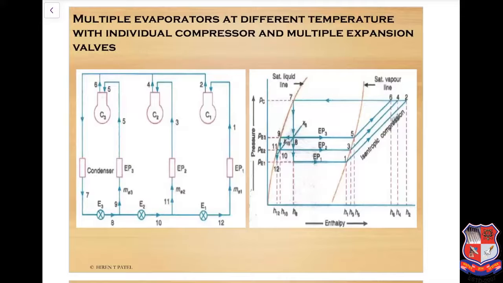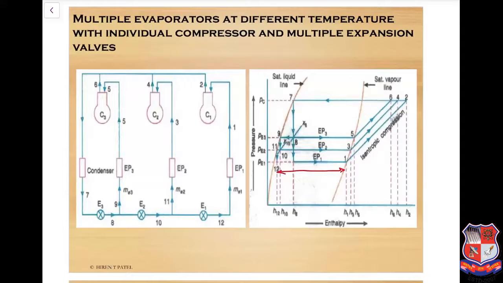So here in the evaporator, the refrigerating effect generated is very less compared to the last system. When there is a requirement of a higher temperature range, or we can say more temperature difference between the evaporator input and output, then this type of system is utilized.